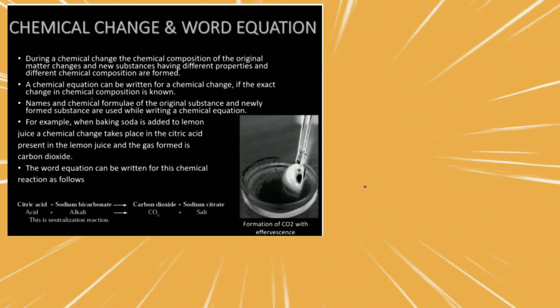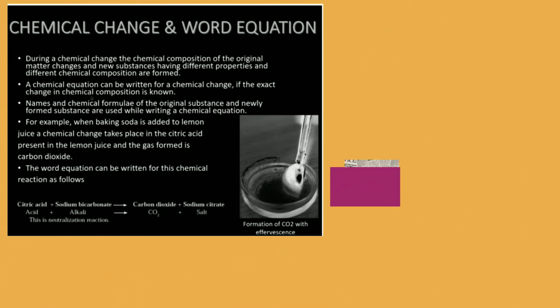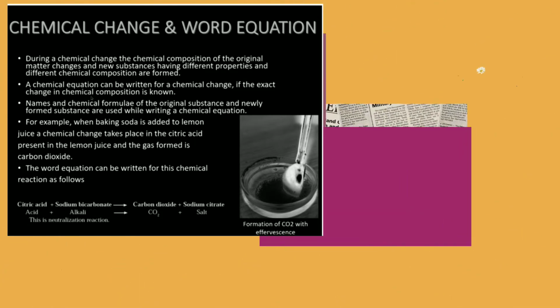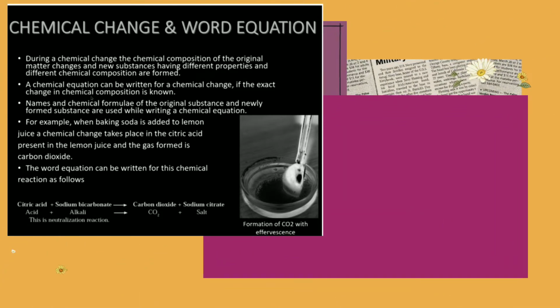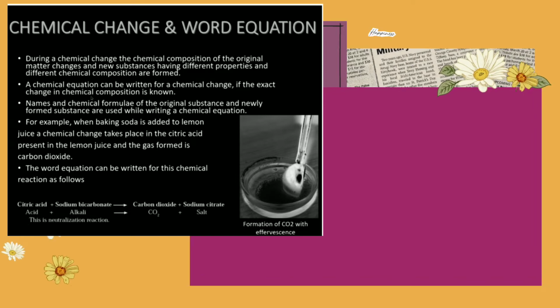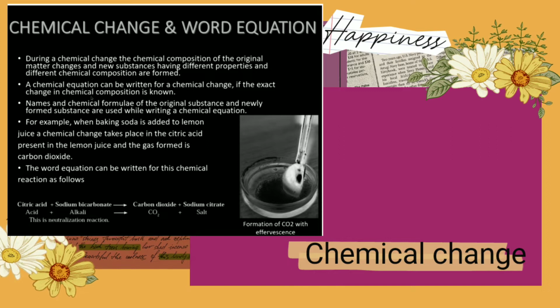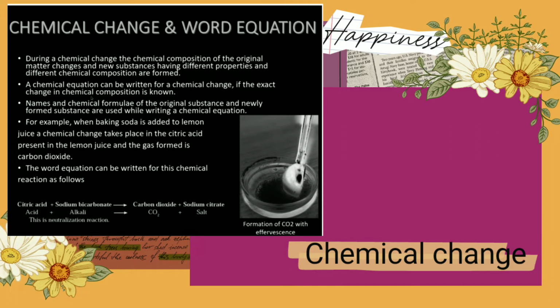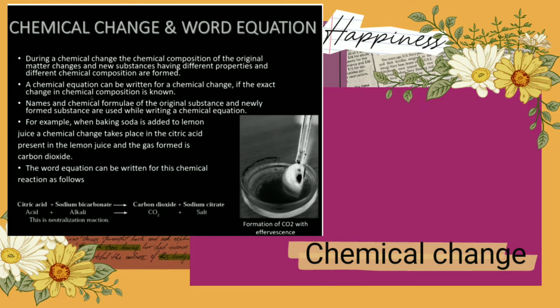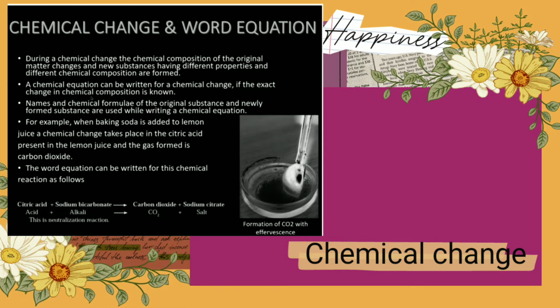Chemical change and word equation. During a chemical change, the chemical composition of the original matter changes and new substances having different properties and different chemical compositions are formed. A chemical equation can be written for a chemical change if the exact change in chemical composition is known.